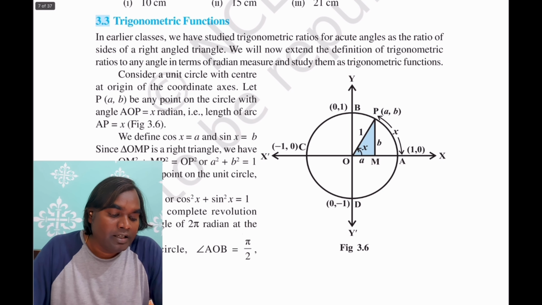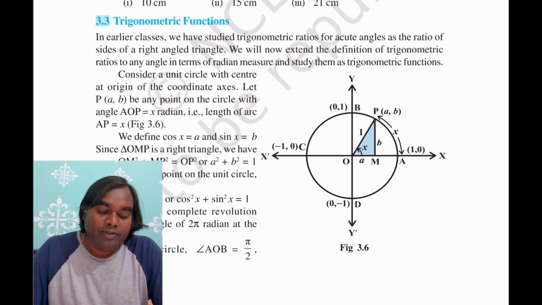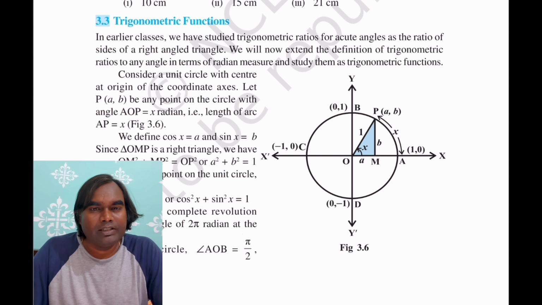Now let us discuss the trigonometric functions. As I told you, we have studied the trigonometric ratios for acute angles as the ratio of sides of a right angle triangle, that is sin theta, cos theta, tan theta, and I have already told you that I will give the link of that video, you can check it out.